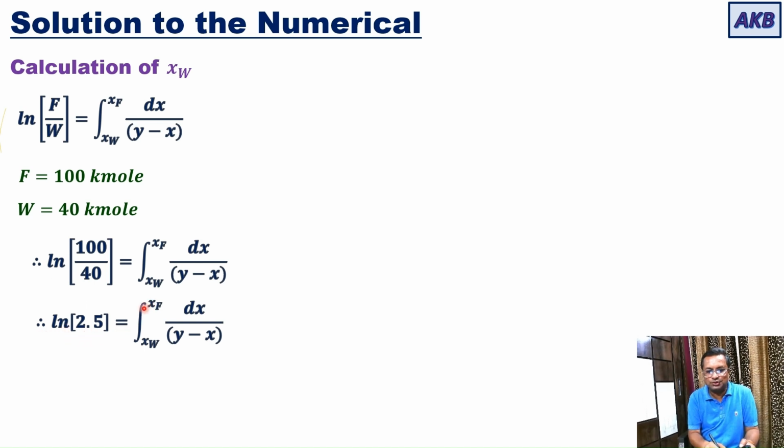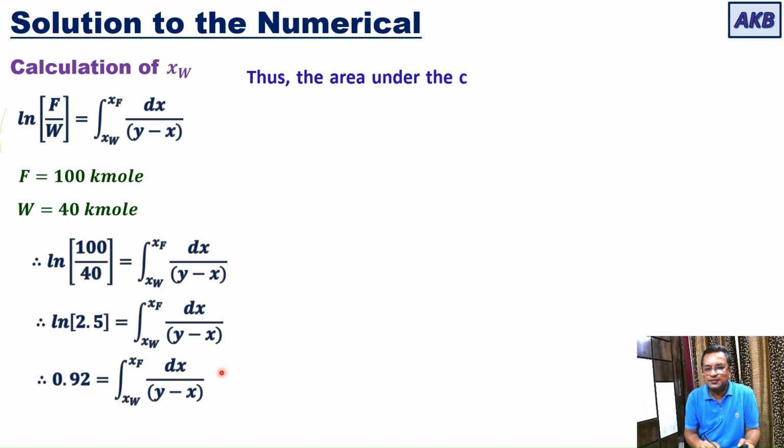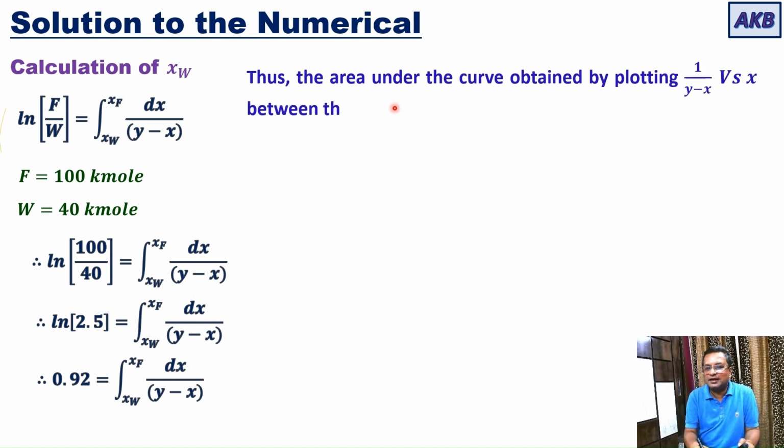The natural logarithm of 2.5 is 0.92. So 0.92 is equal to the integration from XW to XF of dx upon y minus x. Thus we know the area under the curve.